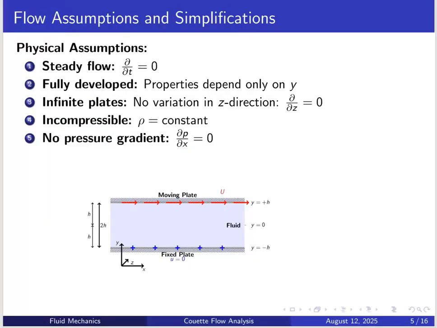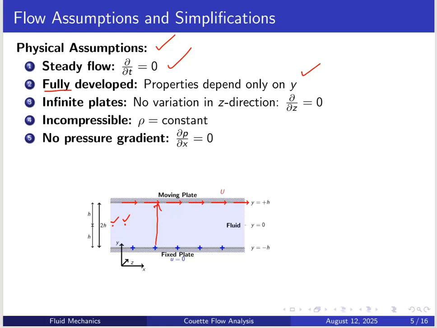Now here are the physical assumptions. Steady flow, dou by dou t is equal to 0. Fully developed, properties depend only on the y direction, because if you take 2 points in the same line, the velocity is not changing, since it is a fully developed flow. So velocity is changing in the y direction.